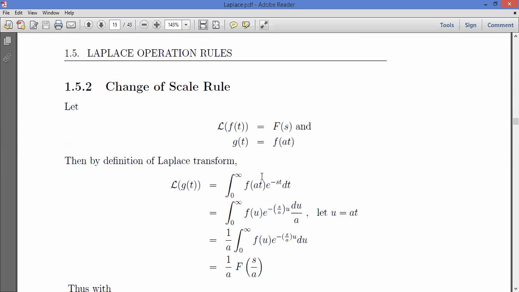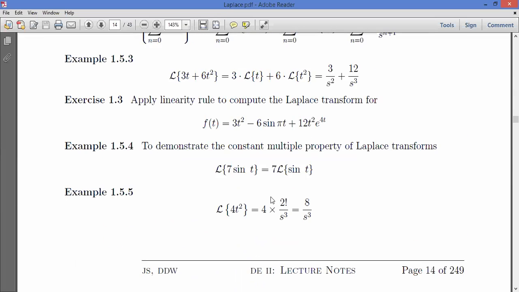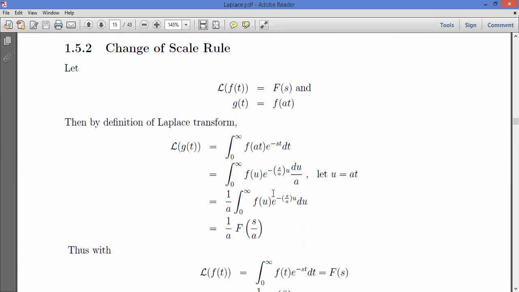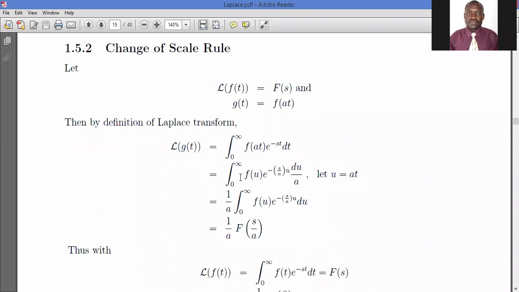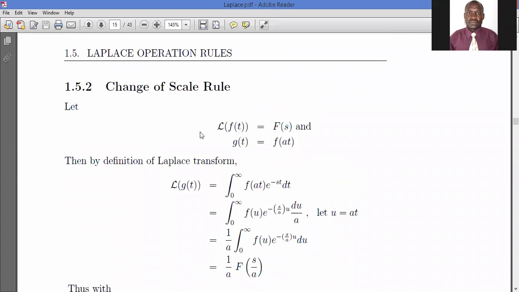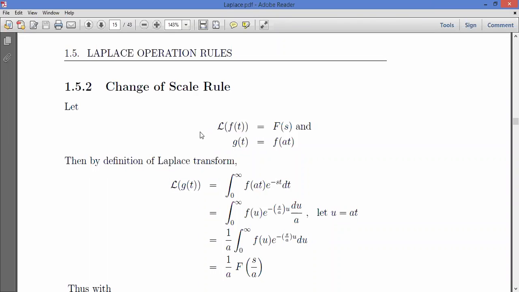Well, okay, now we are on this one, change of scale. Those ones are finished. So if you talk of change of scale, it is usually necessary depending on the nature of the problem you have.